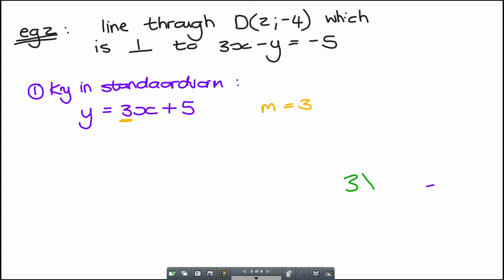Three times what will give me minus 1. Ons het gister gesê, jy gebruik die resiprook. En dit gaan wees? Minus 1/3. Nee, okay.